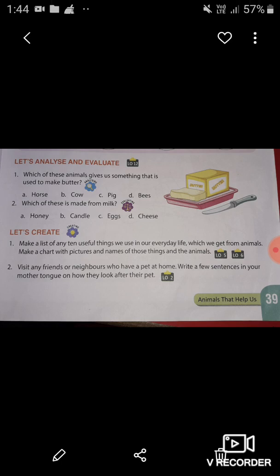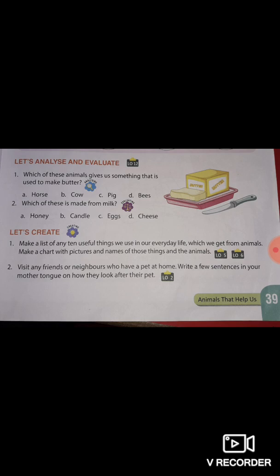So students, here you have to make a list of any 10 useful things that you use in your daily life which we get from animals, and you have to make a chart with pictures and names of those things and the animals.